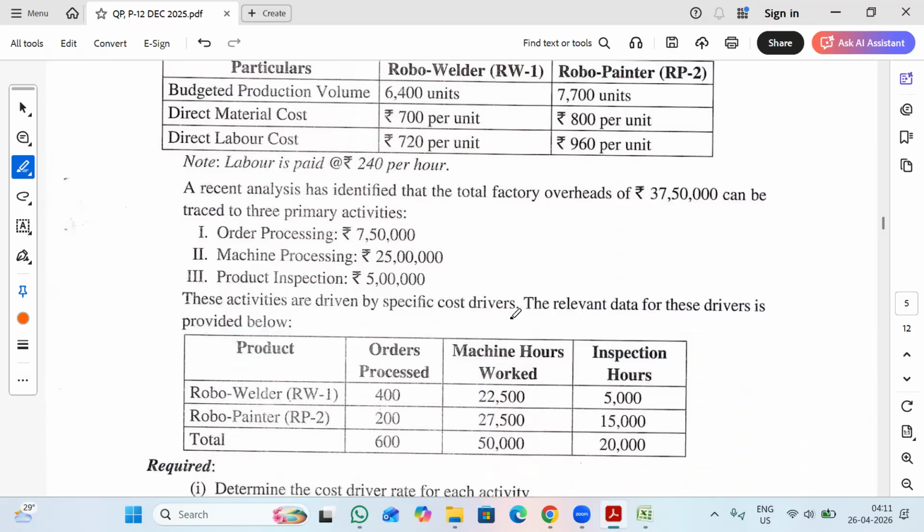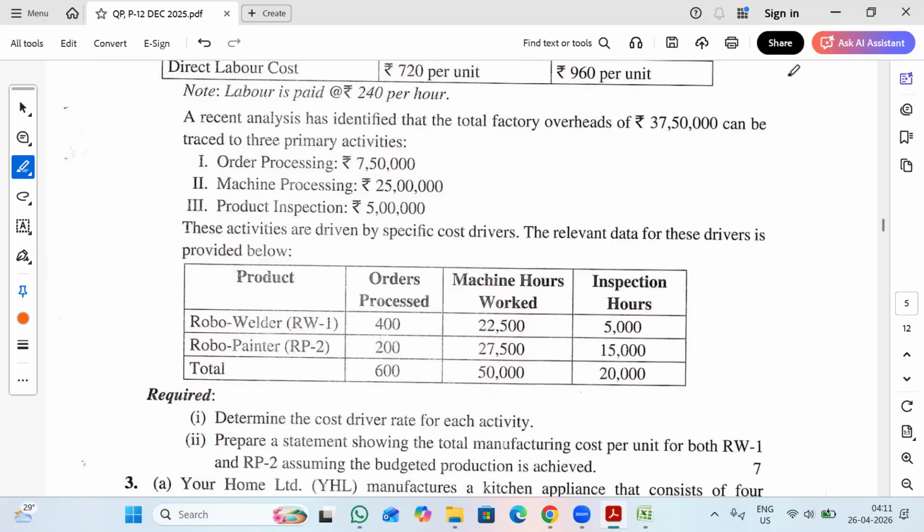So they have given the data for cost drivers. So we need to determine the cost driver rate for each activity. Prepare a statement showing the total manufacturing cost per unit for both RW1 and RP2, assuming budgeted production is achieved.